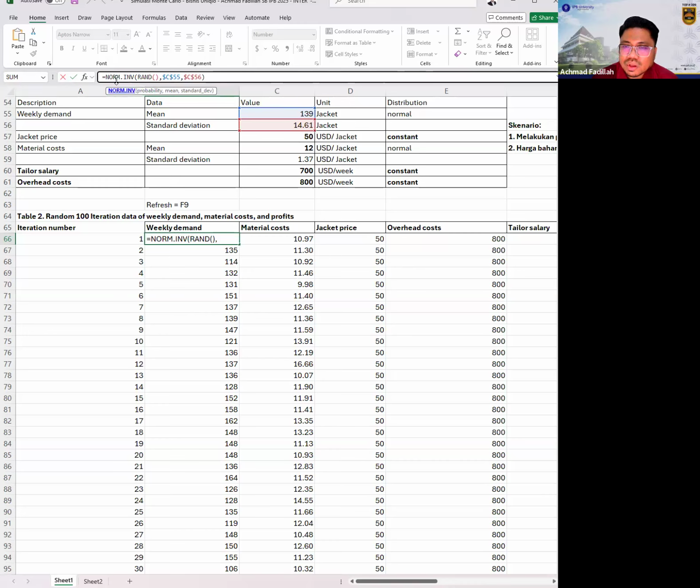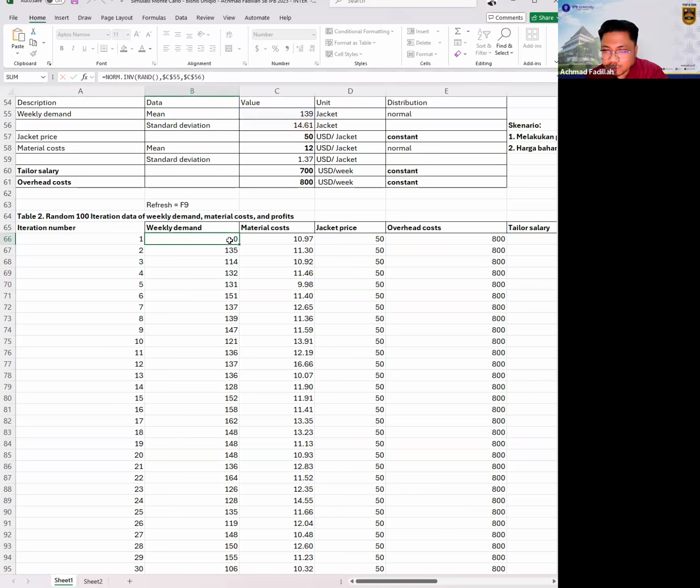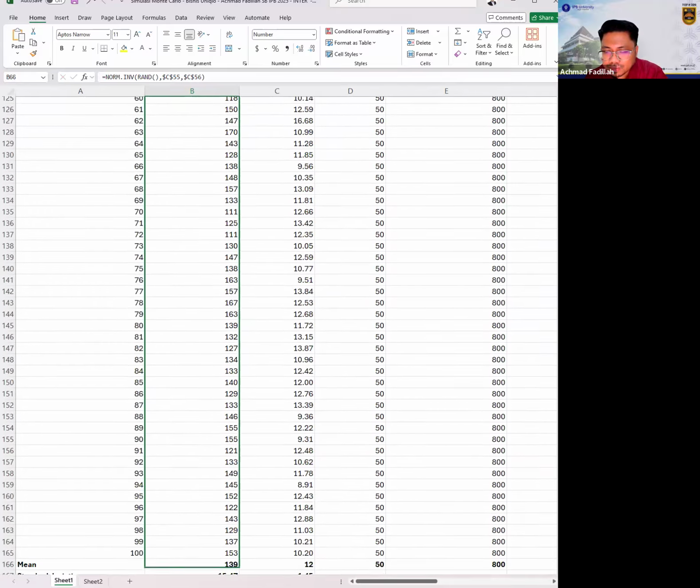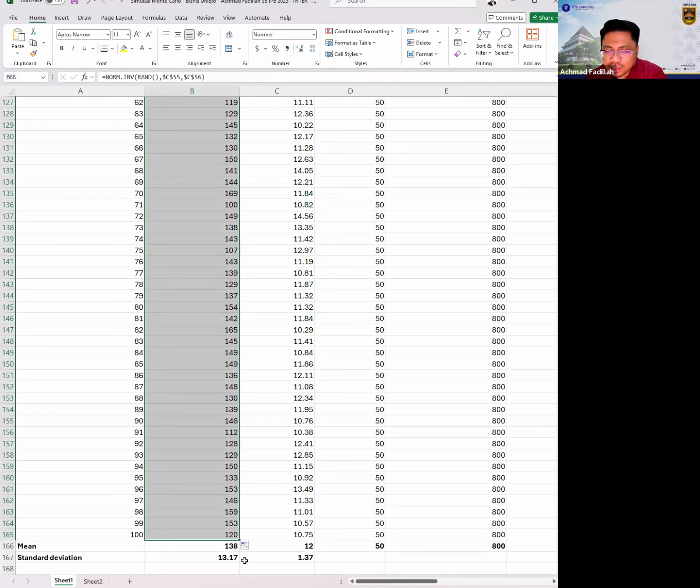You need to put the probability, a random number, within the brackets, then a comma, then the mean, which means you need to click here and don't forget to put the symbol, then a comma, and then the standard deviation. Just follow this guideline from Excel. It's actually very easy. After you put in this one formula, you don't need to do it one by one. Just drag it to the bottom, and voila, you get this.